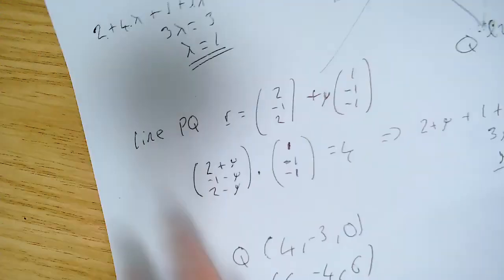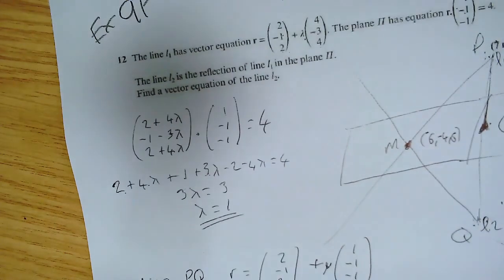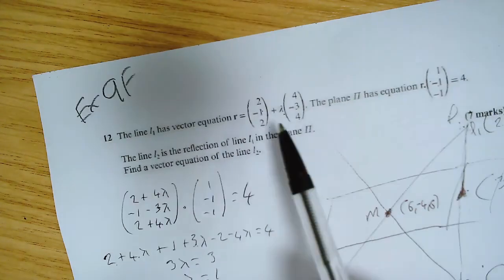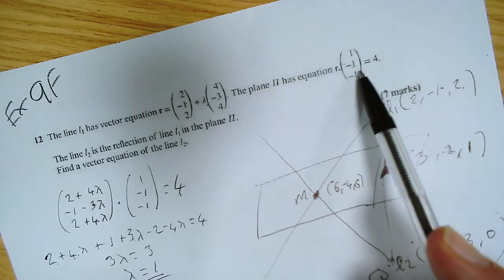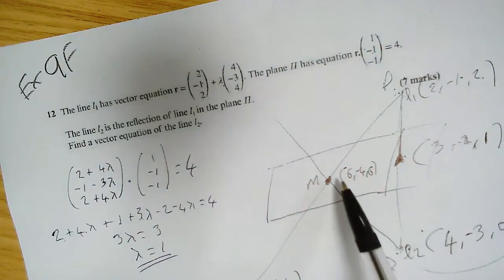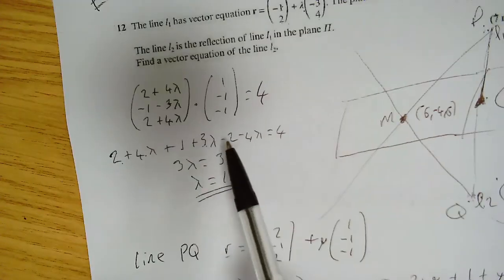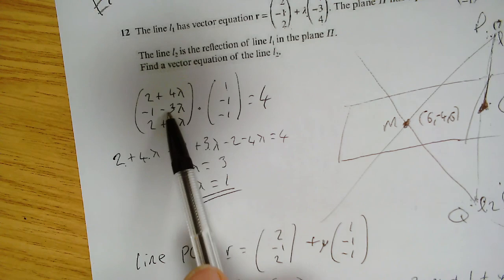Let's just review what I've done there. I've first taken the equation of the original line and the equation of the plane. I found where they meet by substituting in my general point on the line.